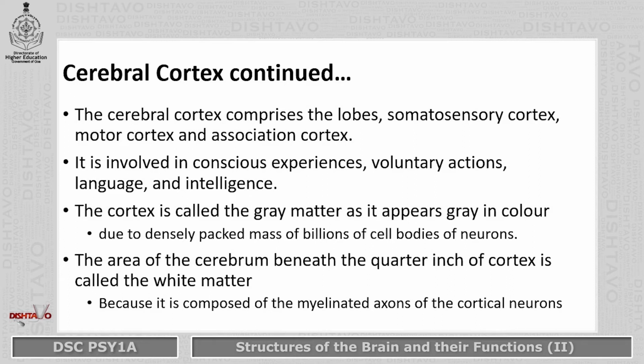This is because it is densely packed with a mass of billions of cell bodies of neurons. The area of the cerebrum beneath the quarter inch of the cortex is called the white matter because it is composed of myelinated axons of the cortical neurons.